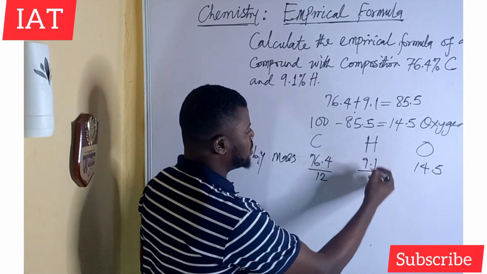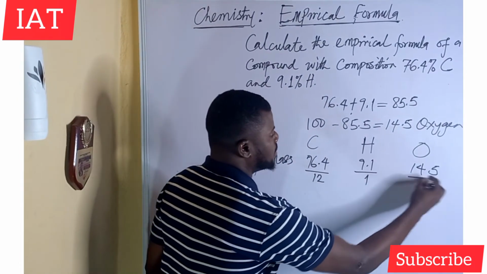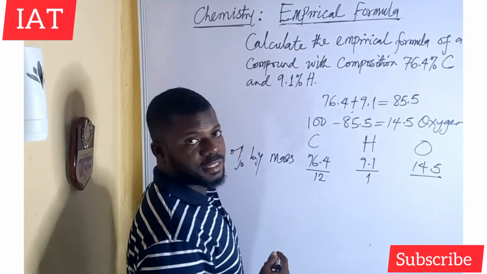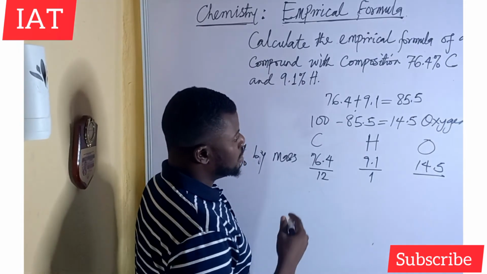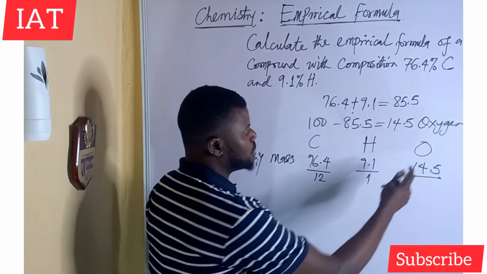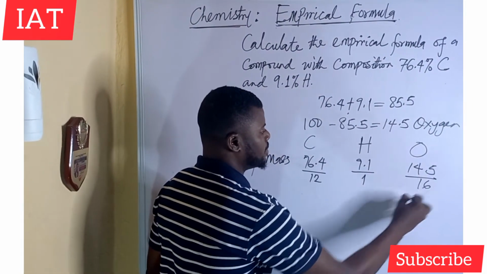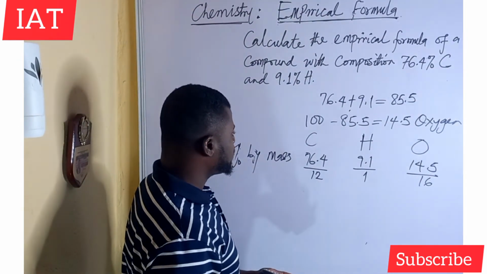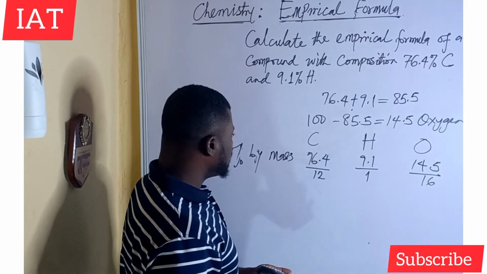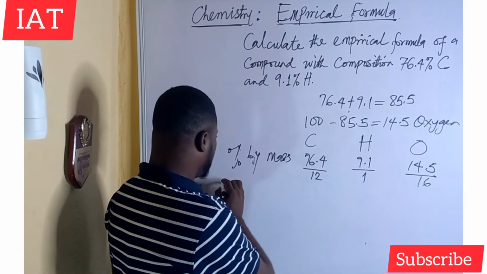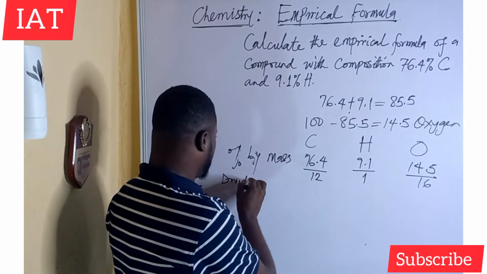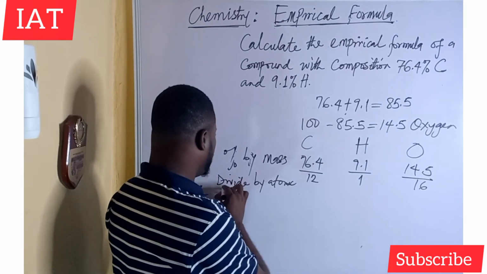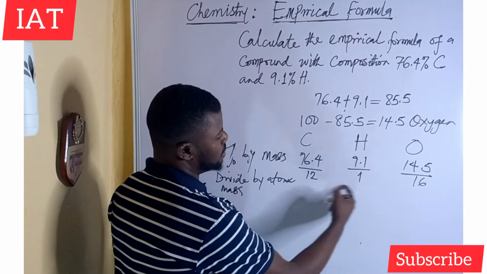That of hydrogen remains 1, and that of oxygen, the atomic number is 8, and the relative atomic mass of oxygen is 16. Or you multiply the 8 by 2, then you have 16. So, okay, that is divide by atomic mass. That's the second step.